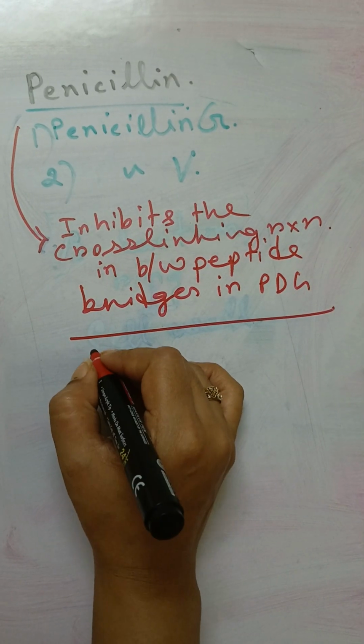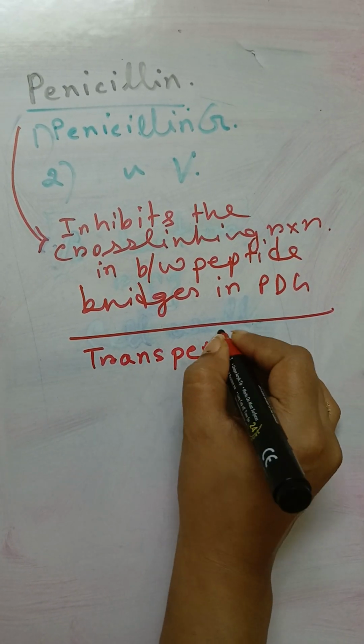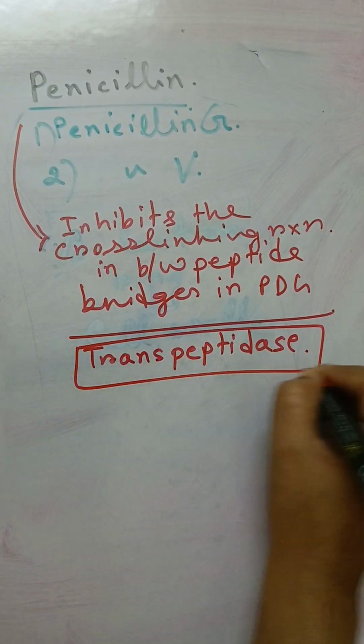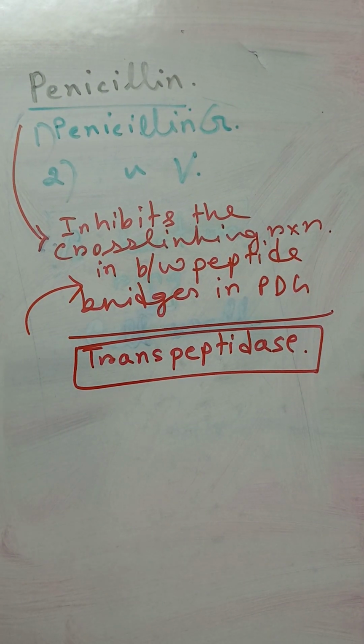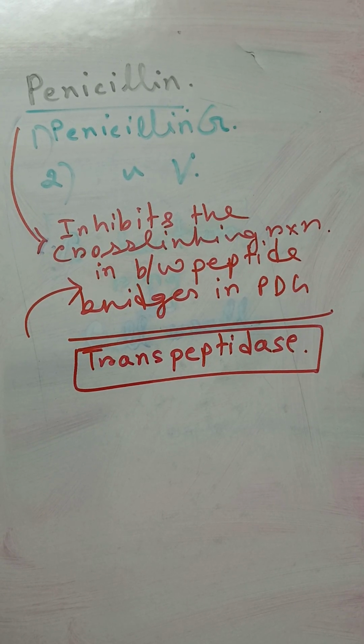So the first enzyme, which is very important, is the transpeptidase enzyme. Now this transpeptidase enzyme basically helps in the cross-linking of the PDG layer. In this PDG layer, there is NAM and NAG. I have already made videos on this.